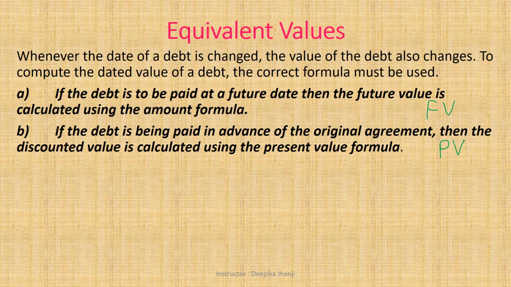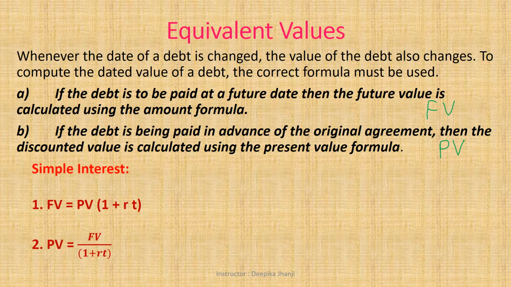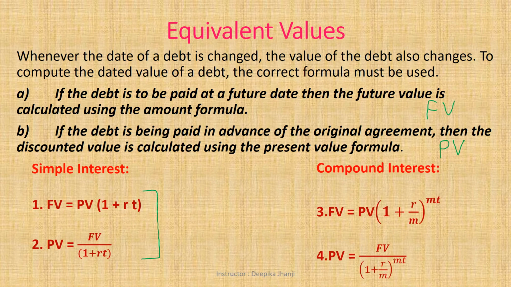Another guideline is interest. If the interest being charged is simple interest, then we use this set of formulas to calculate future value and present value. And if the interest is being charged as compound interest, then we use another set of formulas to calculate PVs and FVs.